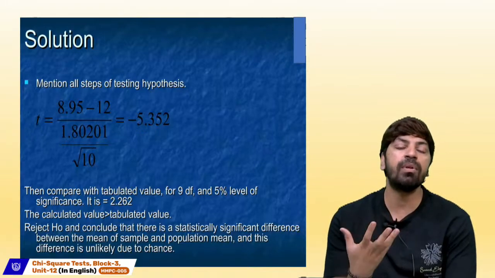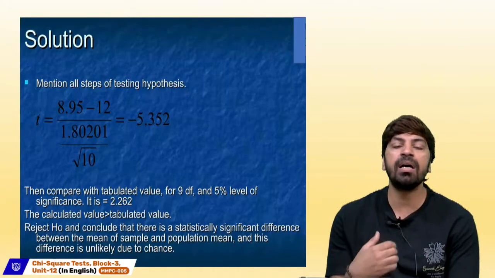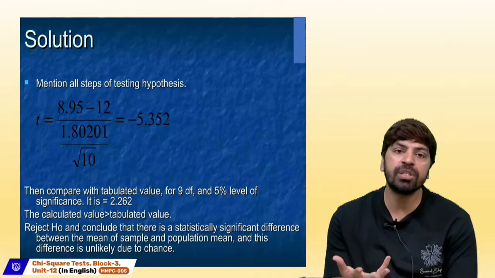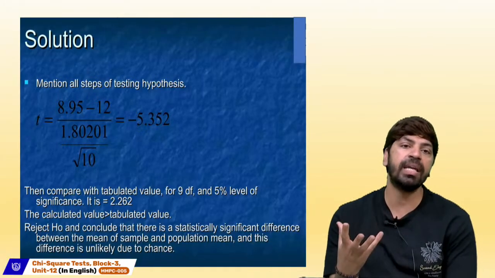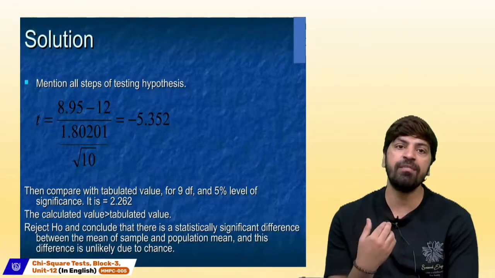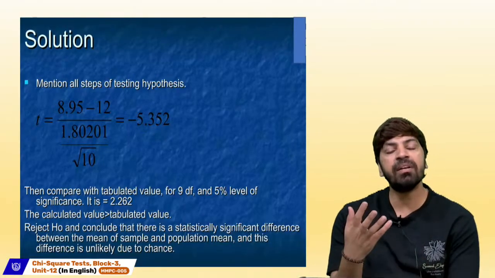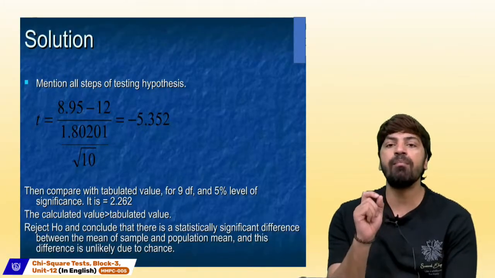There is a formula which has been shown in the earlier slides. We use the formula, the values have been given in the question, and once we put the values into the formula, we calculate the t calculated value, which is 5.352.